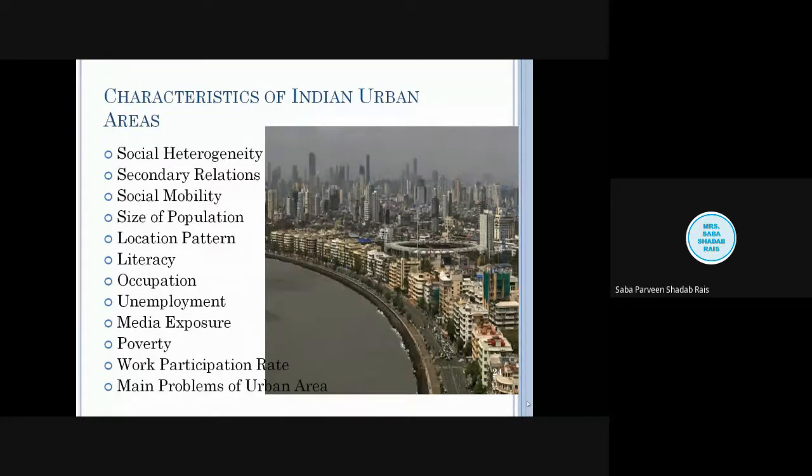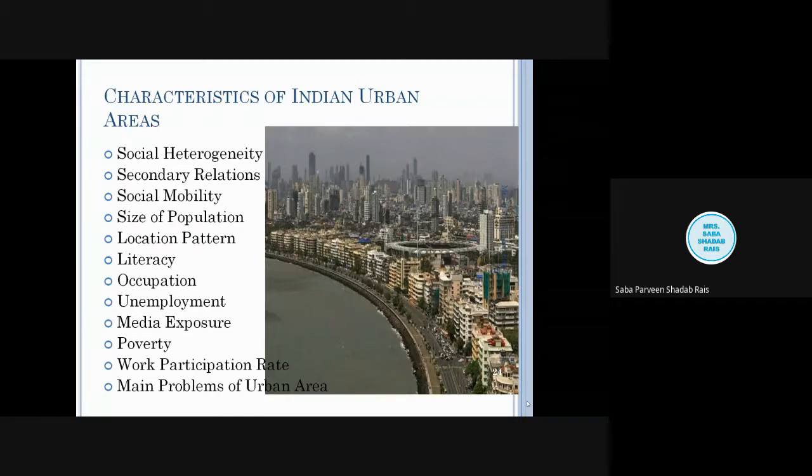We are feeling very good. Why is it happening? Because we are breathing fresh air, which we are not getting in Mumbai. The air quality index in the rural area is very good as compared to our urban area. So pollution is one of the major problems in the urban area.